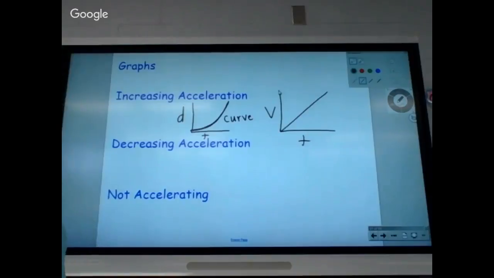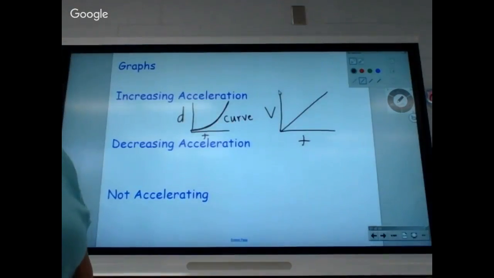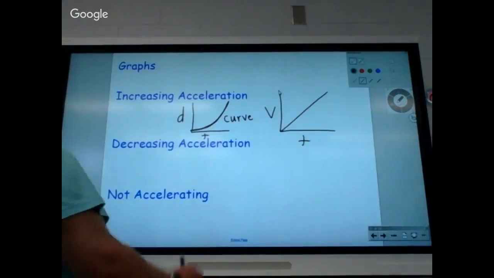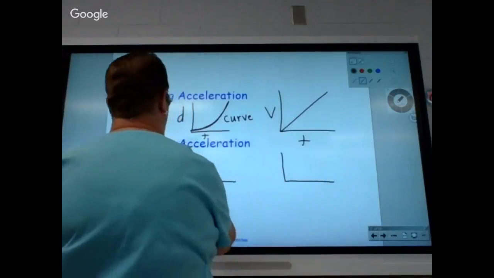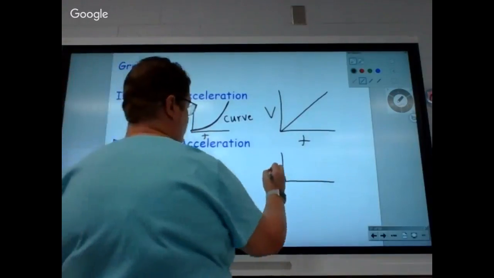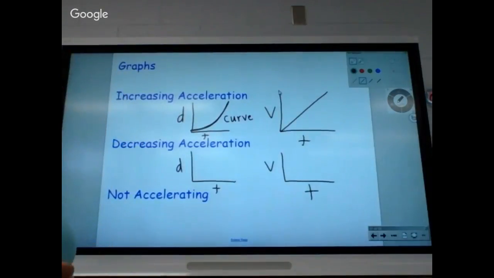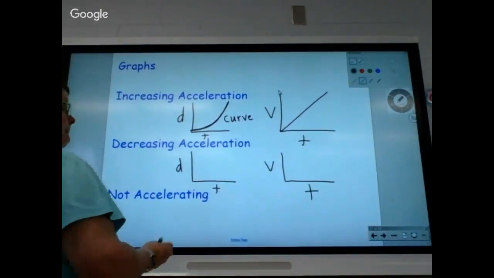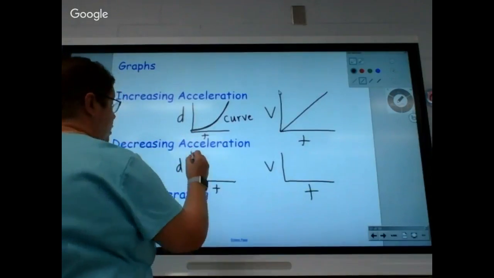So, how would we draw it to show decreasing acceleration? It just has to do basically what? Flip it. It has to be flipped. It has to go backwards.